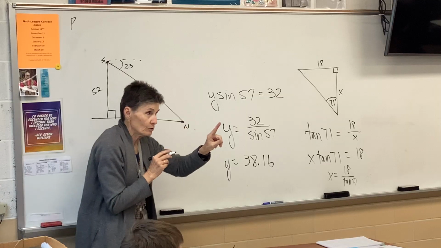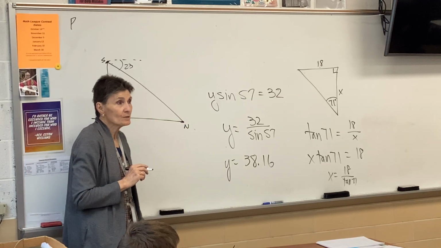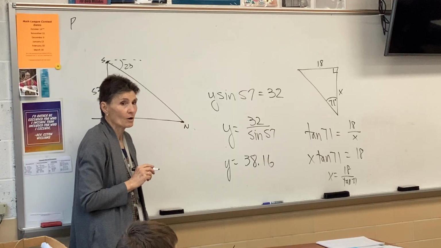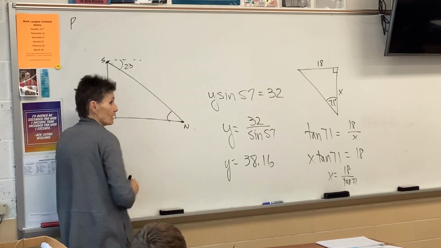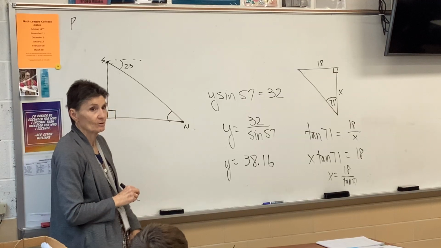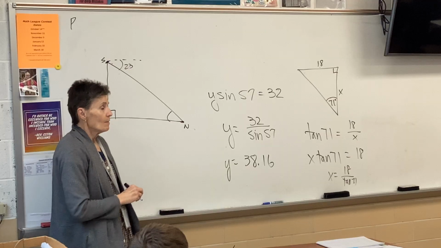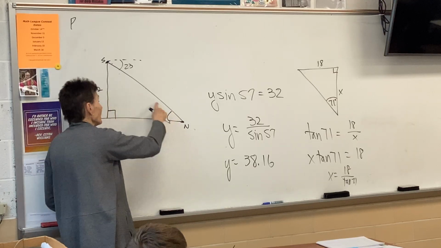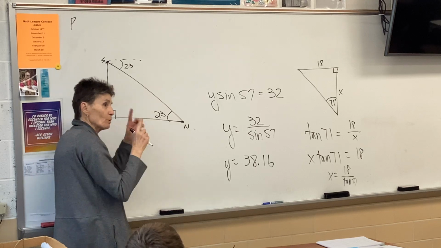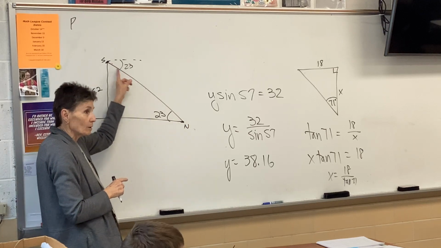Now here's the good news. I learned in geometry that alternate interior angles are congruent. This angle and this angle are alternate interior. Do you remember that word, alternate interior? This angle is the angle of elevation. So pretend the nut is looking up at the squirrel.